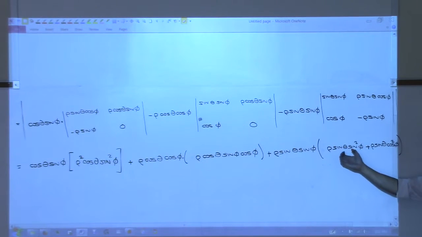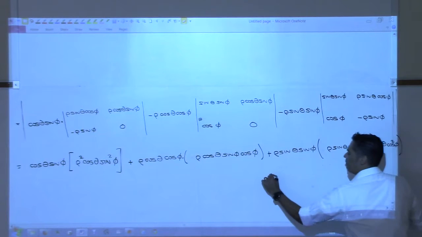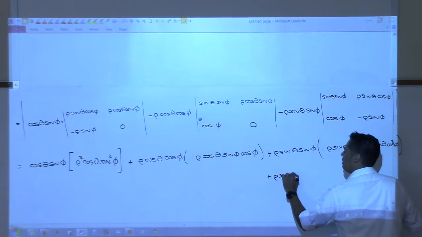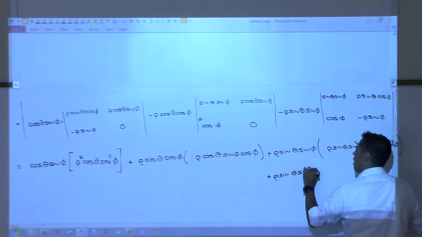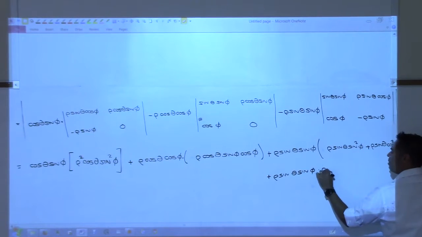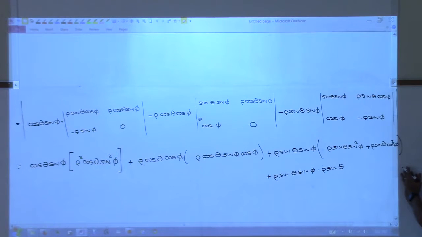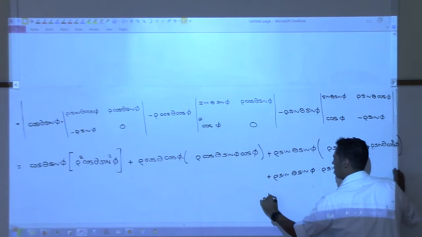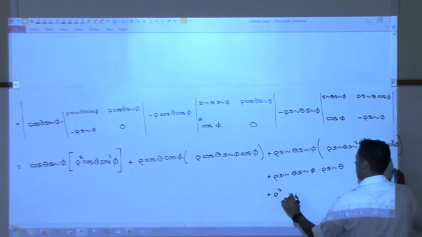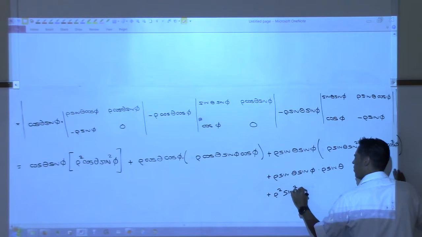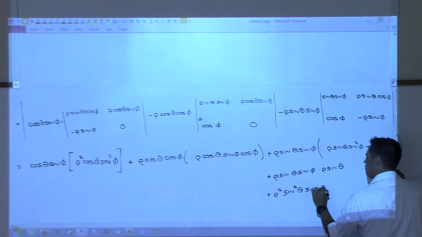I can factor that out, and I'll be left with sine squared phi plus cosine squared phi, which is 1. So this will become plus rho sine theta sine phi. I pulled out a rho sine theta, and then the rest of it went to 1. But this is just rho squared sine squared theta sine phi.